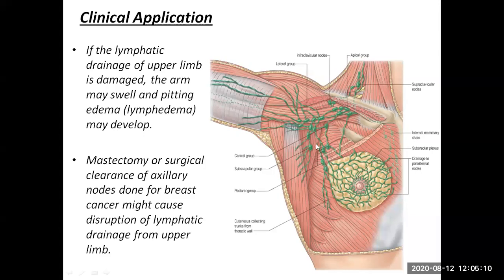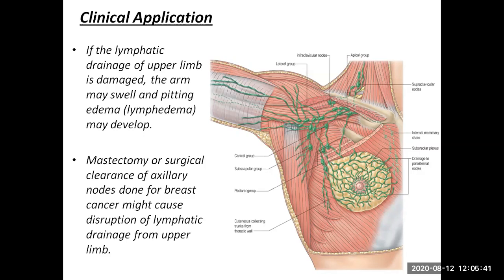And mastectomy or surgical clearance of axillary nodes done for breast cancer might cause disruption of lymphatic drainage from the upper limb. So during the mastectomy or surgical clearance of axillary nodes, which are generally done for breast cancer, this might cause disruption.